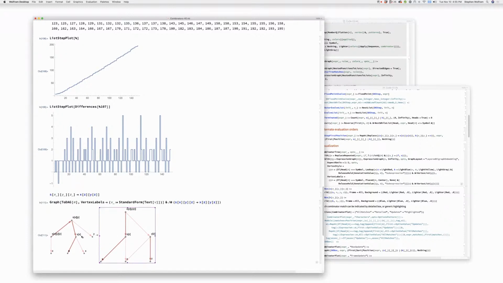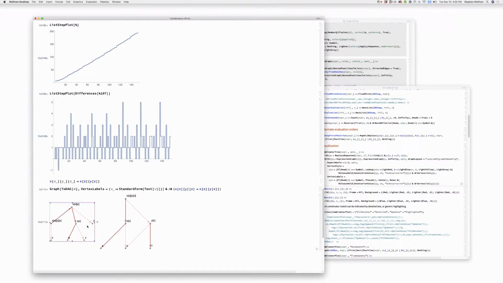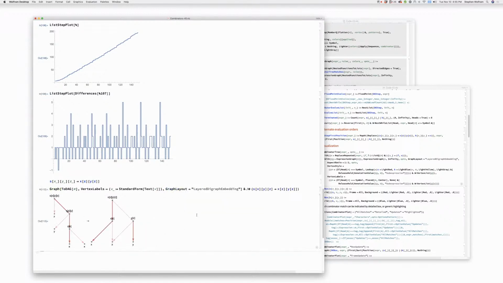Okay, so generically, I need to make this layered. Okay, so that's the generic story there. But now, what does that tell us about how many things are created here? 3.